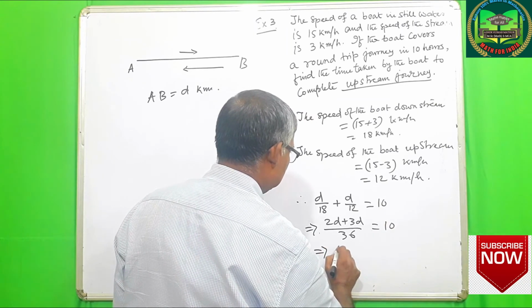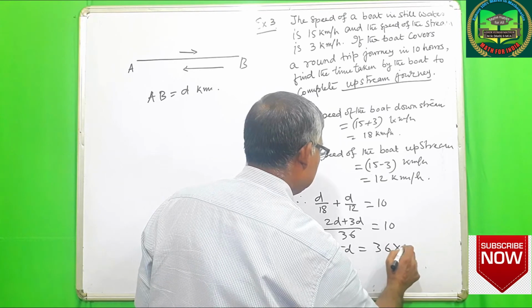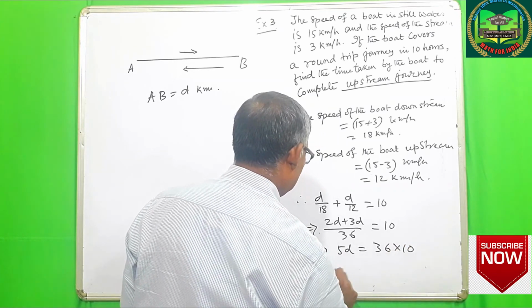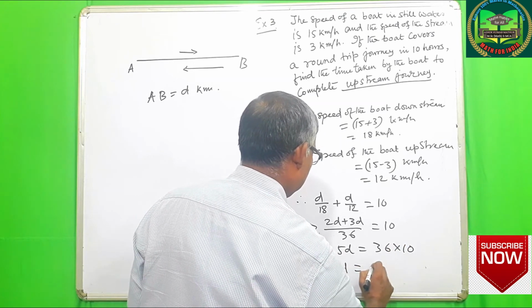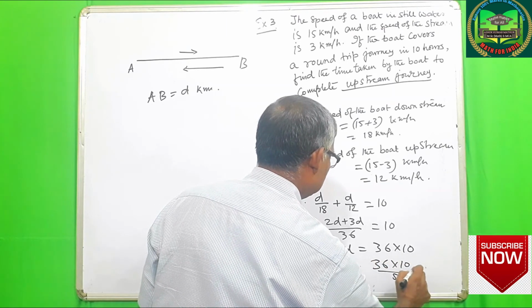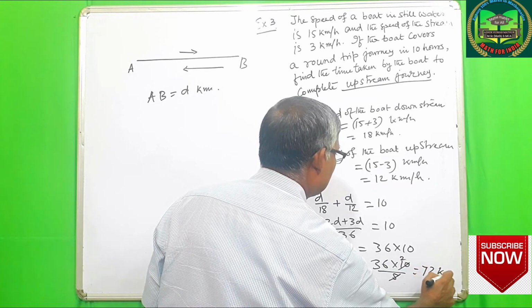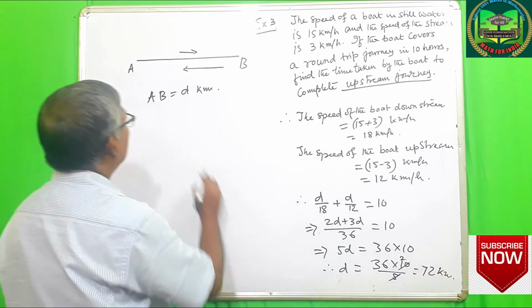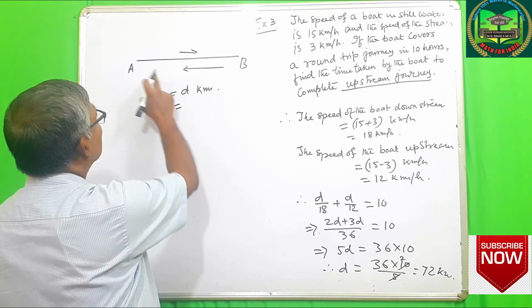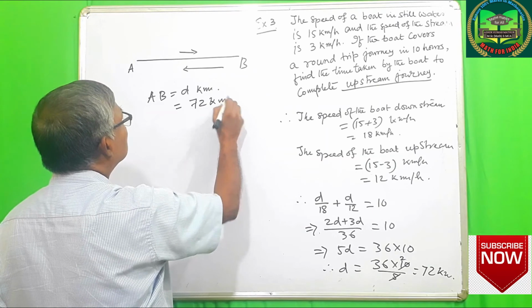That is 5d equal to 36 into 10. Therefore, d equal to 36 into 10 by 5 equal to 72 kilometer. Therefore, the distance of AB equal to 72 kilometer.